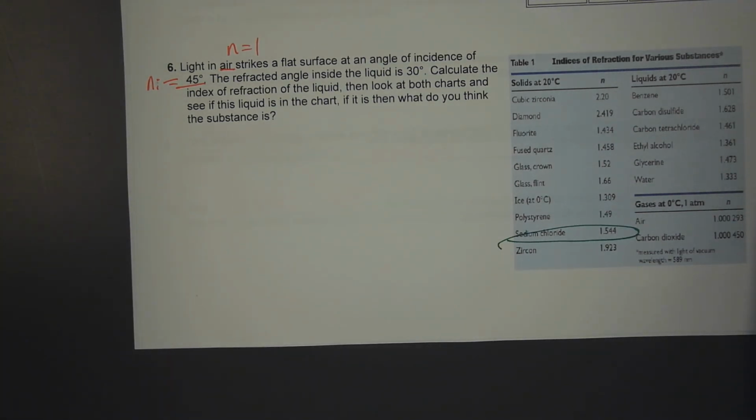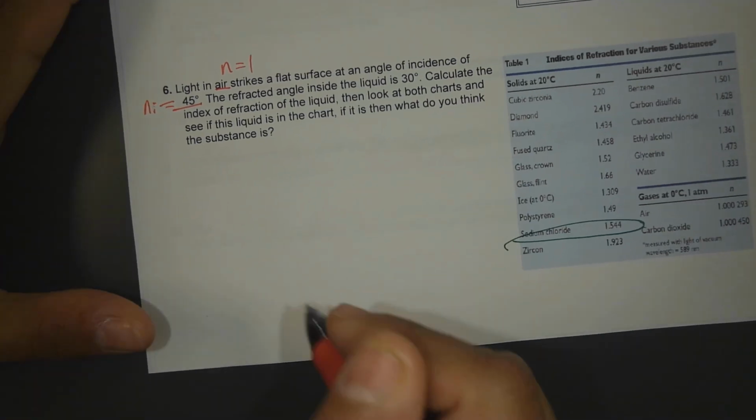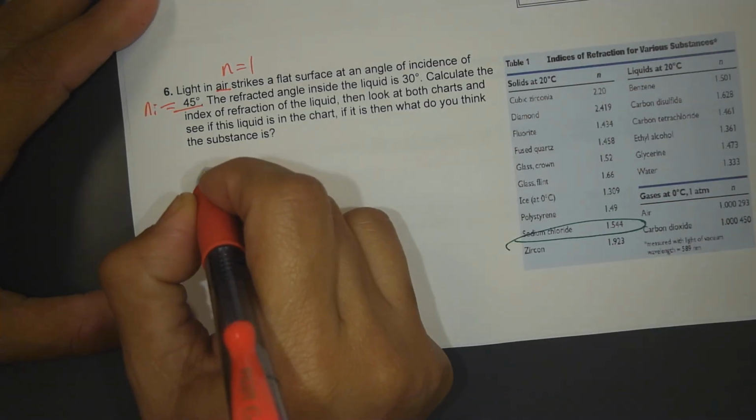It is refracted at the other angle, or in the inside of this liquid. And this liquid, it says here, is at a 30-degree angle. Calculate the index of refraction and check out both charts. Do you think it actually is a substance? Is it something? Well, this is going to be Snell's law.